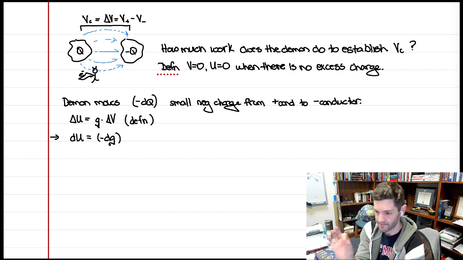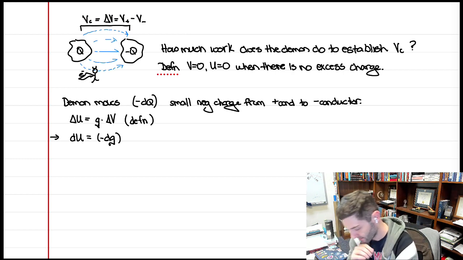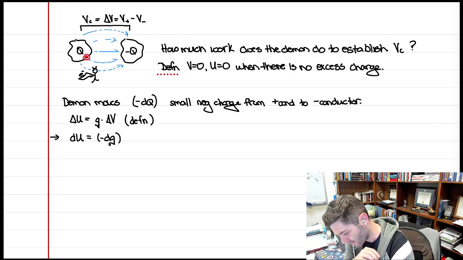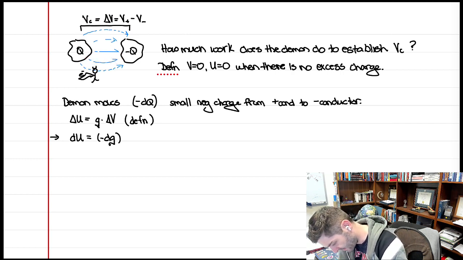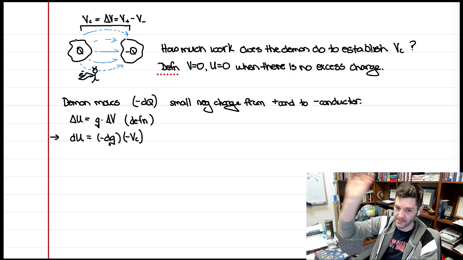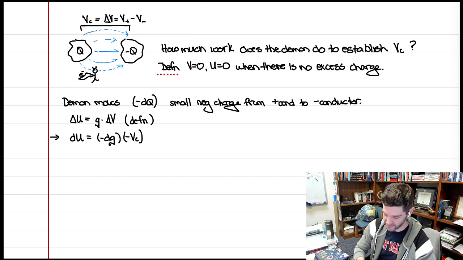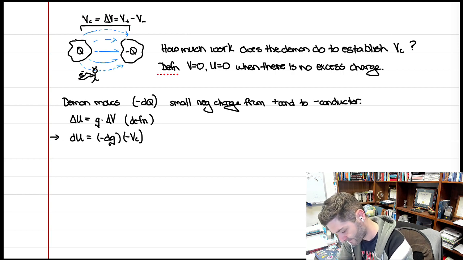Remember, the potential difference is negative the integral of the electric field dotted with the path. So if you go from here to here, it looks like you're going from high to low potential. So this should be negative V_c instead. Your ending potential is lower than your starting potential. So end minus start, that's a negative number in this case.